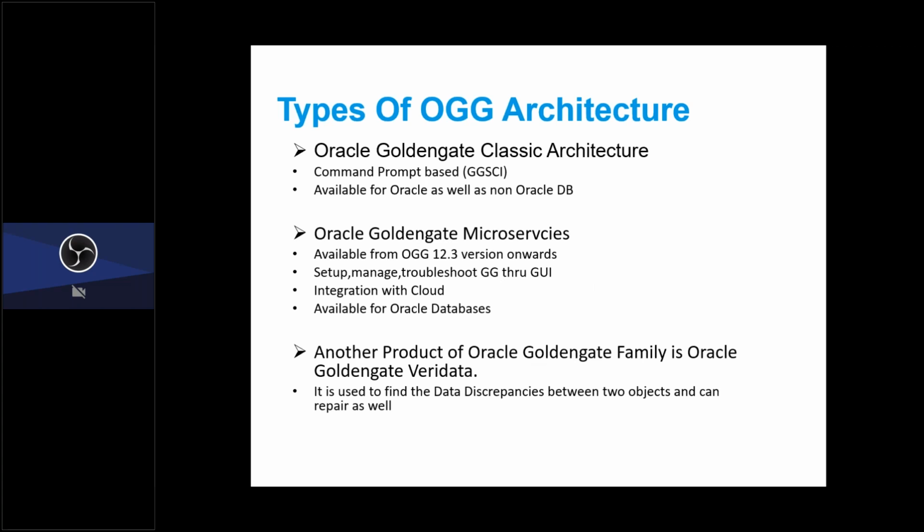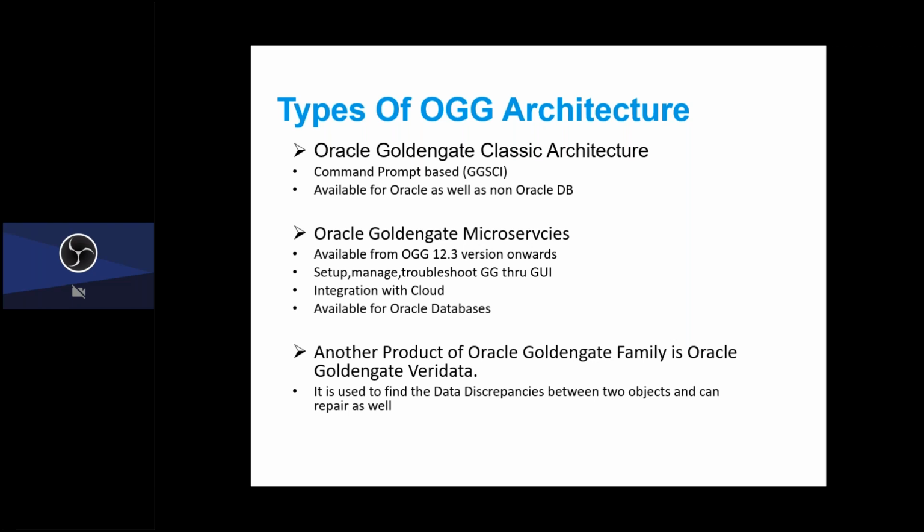So as I mentioned, Goldengate was taken over by Oracle in 2009. So from 2009 to 2017, there was only one way to configure Goldengate, and that was through the command prompt GGSCI. Still, most of you who have seen a Goldengate environment must still be using that command prompt even now. That command prompt has been available since 2009, and until 2017 that was the only way to configure Oracle Goldengate.